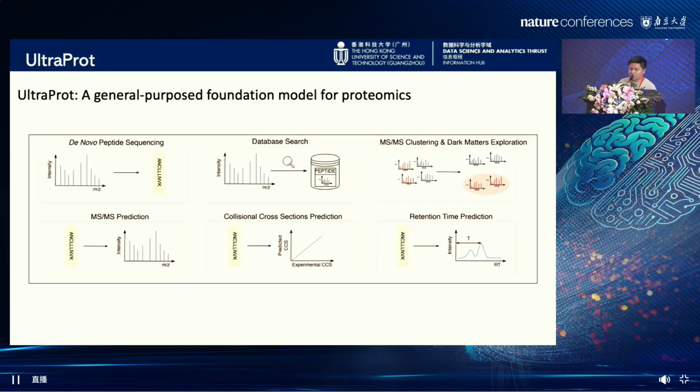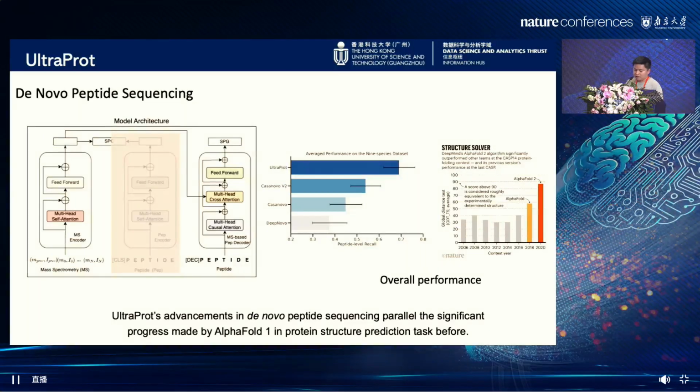And then we employ our UltraProt model in nearly all the computational tasks in protein identification downstream tasks. Next, I will introduce this result in detail. Firstly, we activate the spectrum encoder, MS encoder, and the MS-based peptide decoder to conduct the task of de novo peptide sequencing.